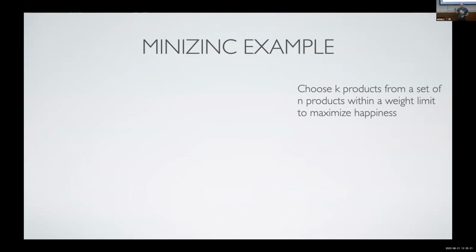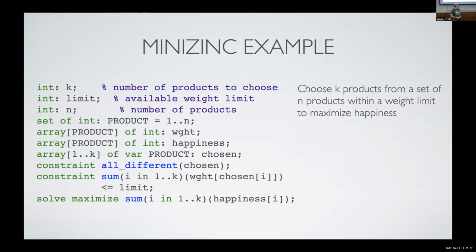I'm going to give you an example where the task is to choose k products from a set of n products with a weight limit, and we want to maximize our happiness from choosing those products. This is a MiniZinc model of the problem. We have a bunch of parameters, for example the number k, how many products we want to choose, the weight limit, and the number of products we can choose from.